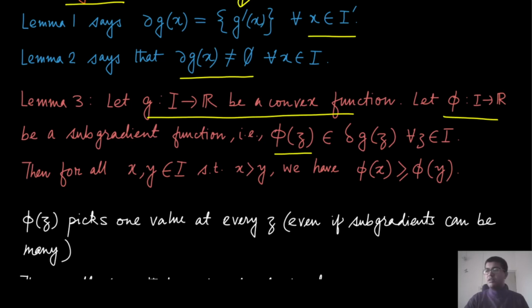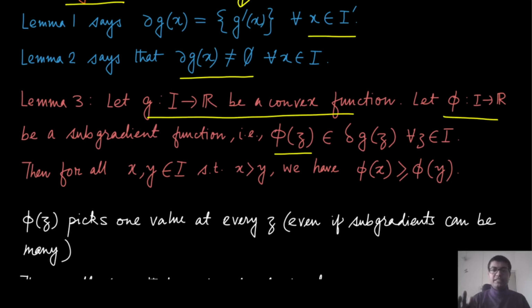Now this function phi picks one of those subgradients for each of those points where it is not differentiable, and that gives me one specific subgradient function. There can be many subgradient functions. Actually there will be uncountably many if we have one or more points which are non-differentiable for this function g.